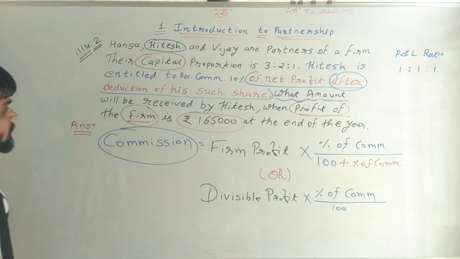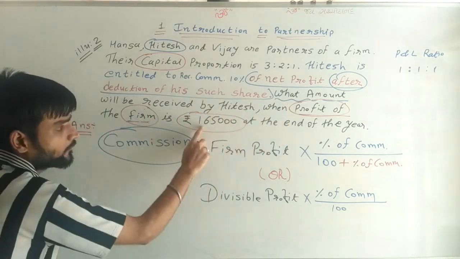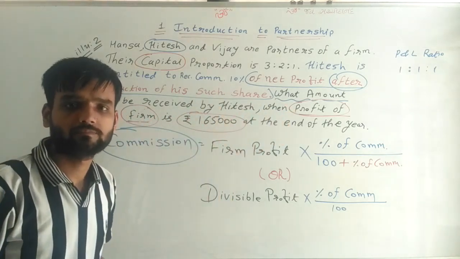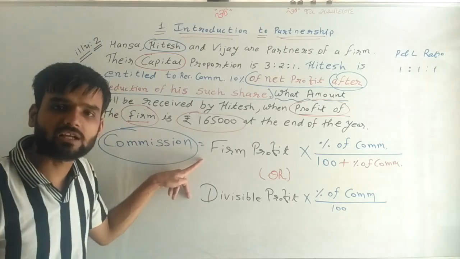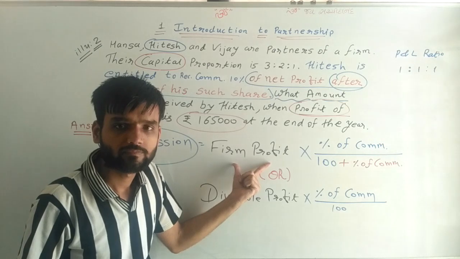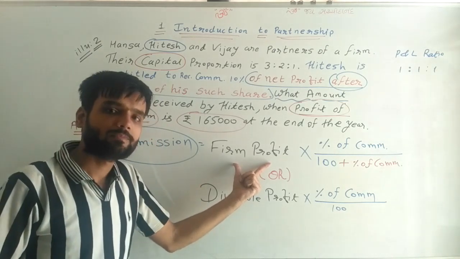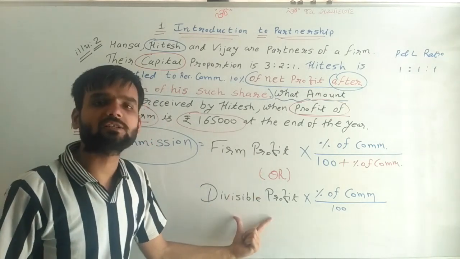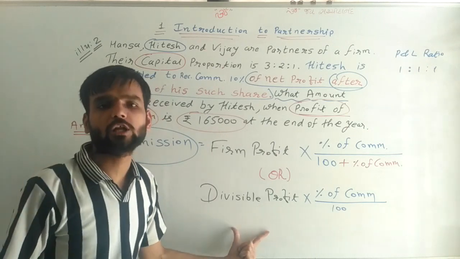So the profit of the firm, 1,65,000, is given. Here two formulas are there. If the profit of the firm is available, use this first formula. If divisible profit is available, use the second formula.